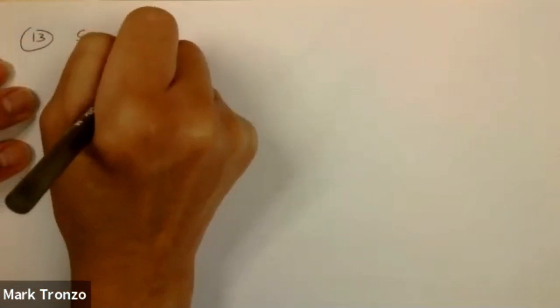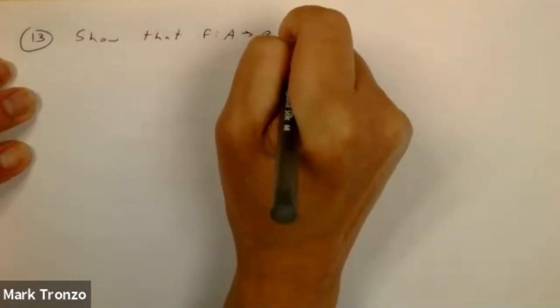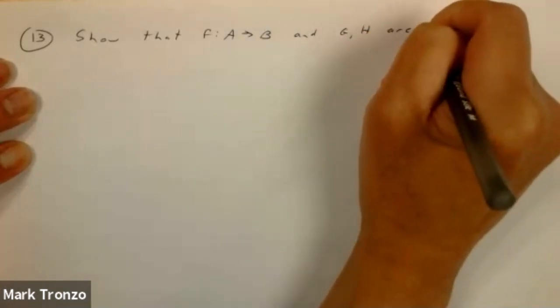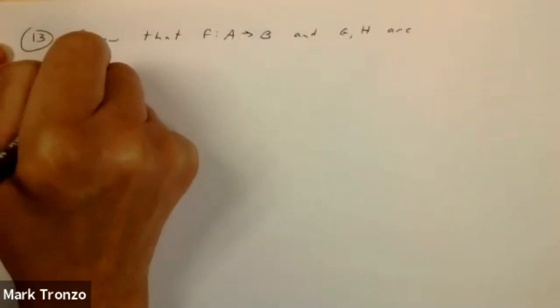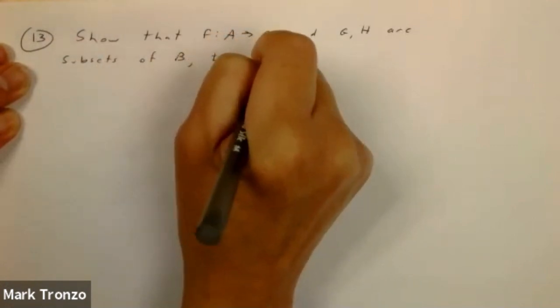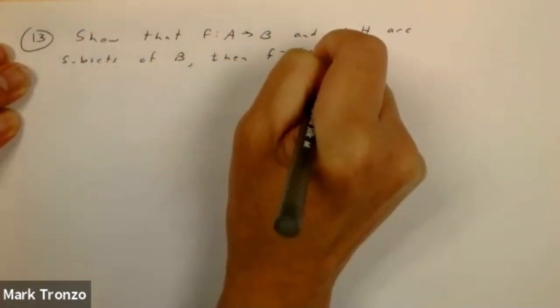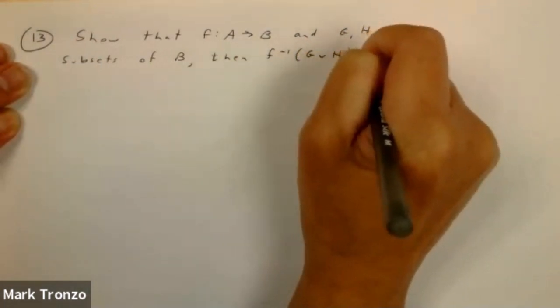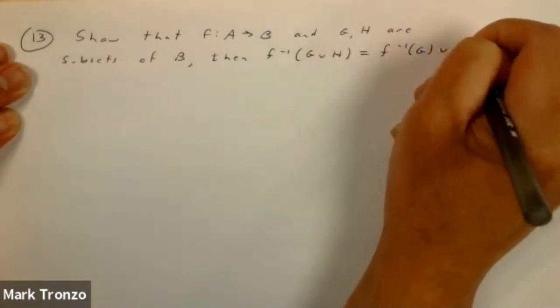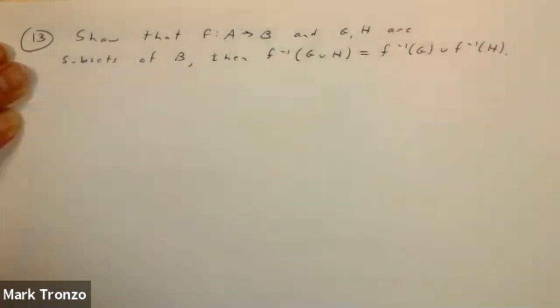Okay, 13. We have to show that F going from A to B, and G and H are subsets of B. Then the inverse function of G union H is equal to the inverse of G union inverse of H. I want to show that.